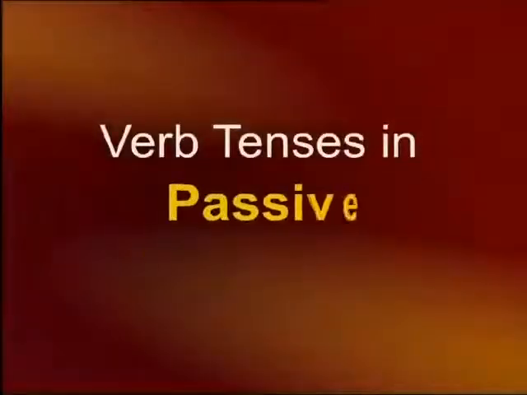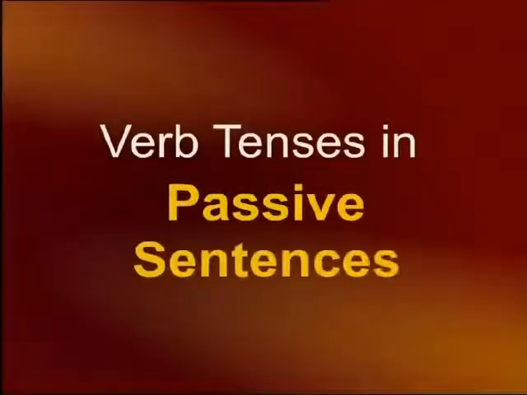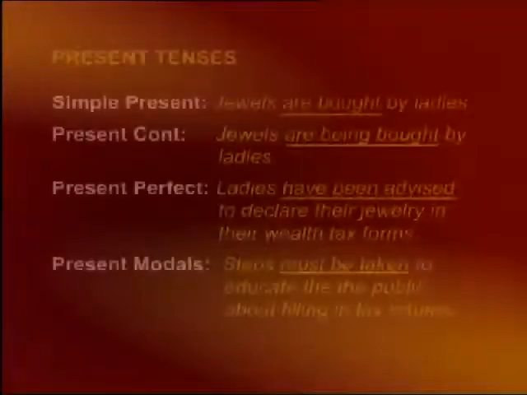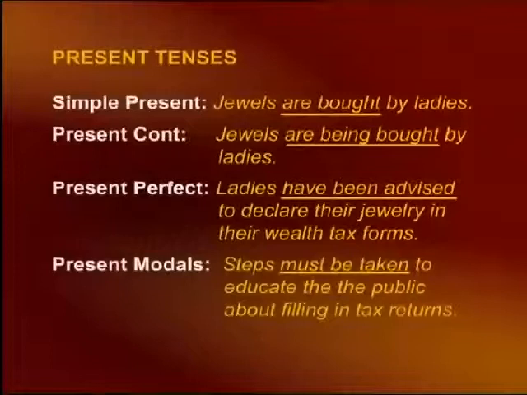Look at the present tenses in passive sentences. The simple present: jewels are bought by ladies. Present continuous: jewels are being bought by ladies.